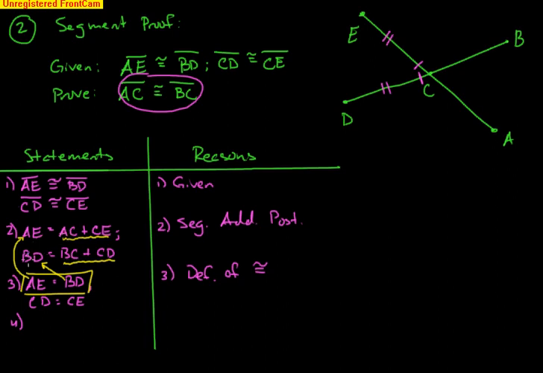If I substitute into the single equation, I'll get AC and BC together. Again, AE comes out, AC plus CE goes in its place, BD comes out, BC plus CD goes into its place. We just simply did a substitution.